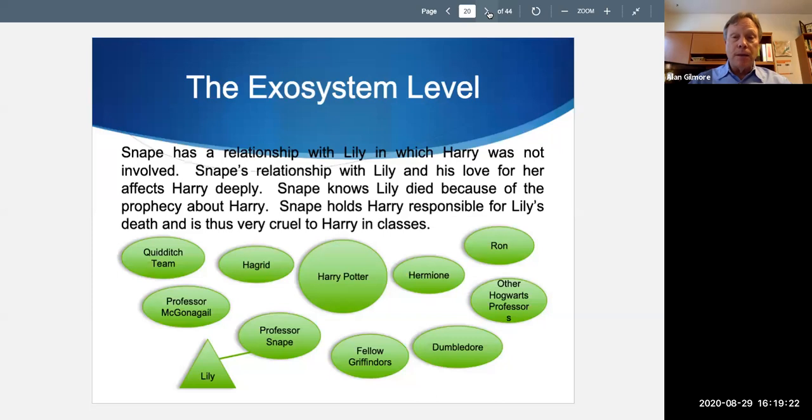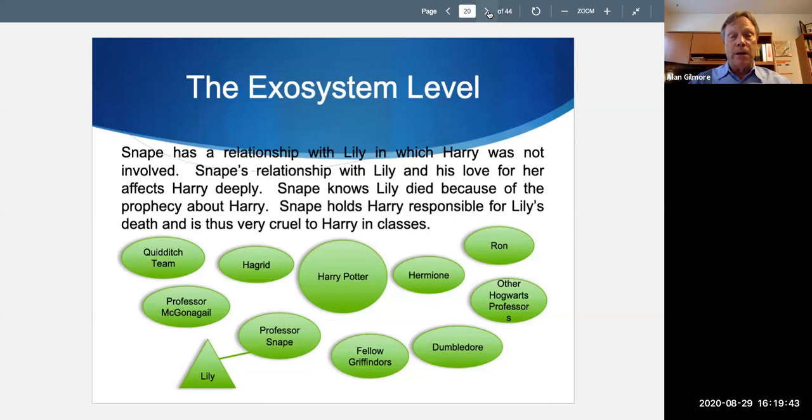Snape knows that Lily died because of the prophecy about Harry. Harry was considered the ultimate wizard, and Lily died as a result of the power that Harry was believed to contain.